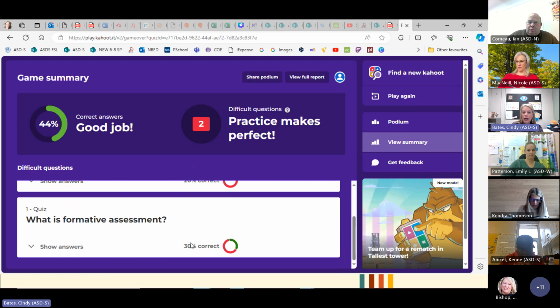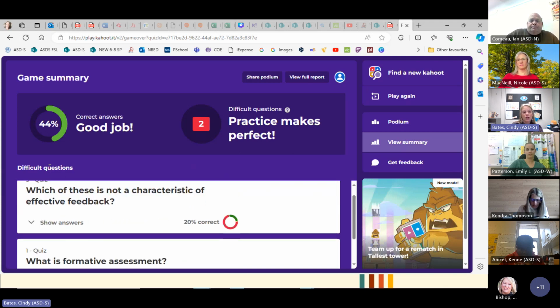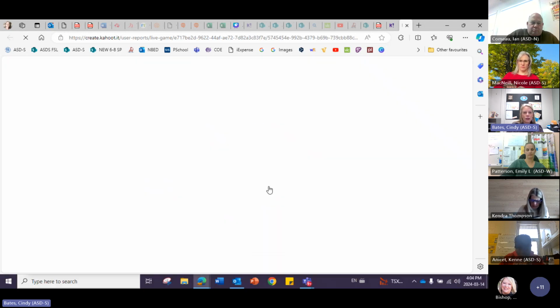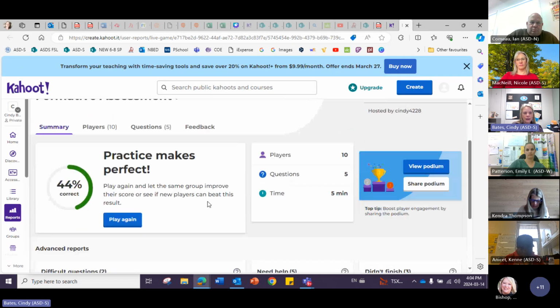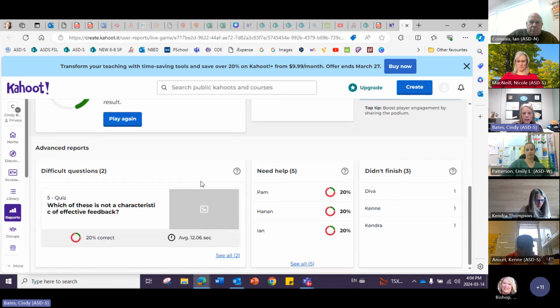Whereas number 1, we had 30%, so it was a little bit better. These were the 2 most difficult questions, as you can see here. To see the full report, you would go to your Kahoot pages, and it's showing me that 44% had their questions correct. So it breaks it down a little bit more for you.